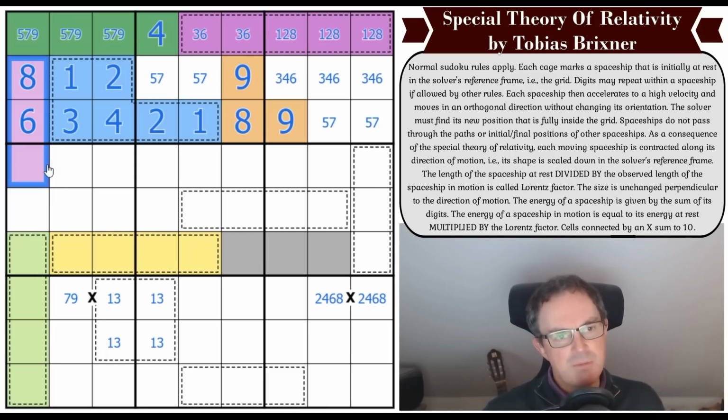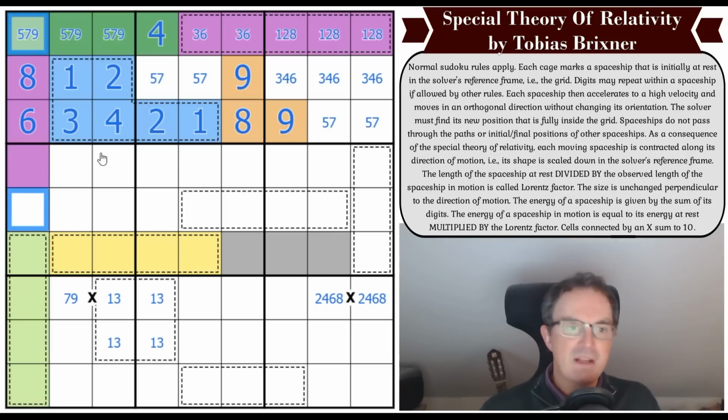Okay, let me concentrate on this. So if the spaceship moves to here, what are the possible values of all this? Because this cannot add up to 35. Because this should add up to 20, and that would make that another 6. If these added up to 42, these would be a 1-2 pair. They're clearly not that.